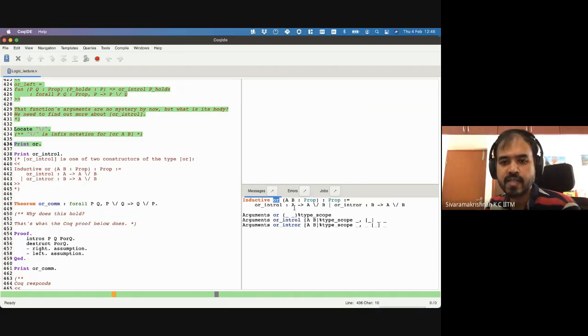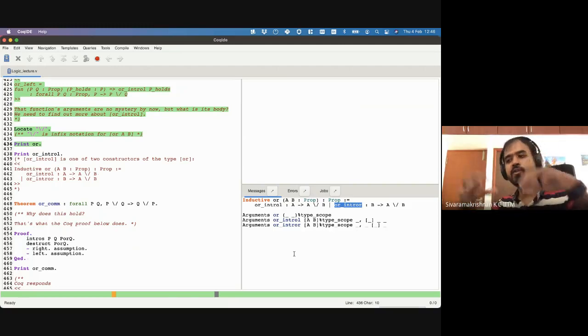And what it does is it has two constructors. Conj has exactly one constructor, and the constructor took two pieces of evidence and put them together. So what you have in disjunction is two ways of constructing evidence for or.